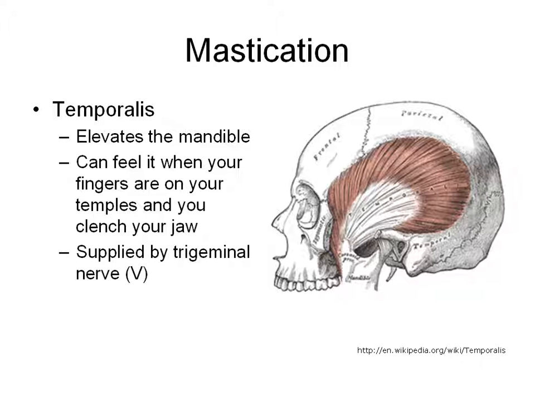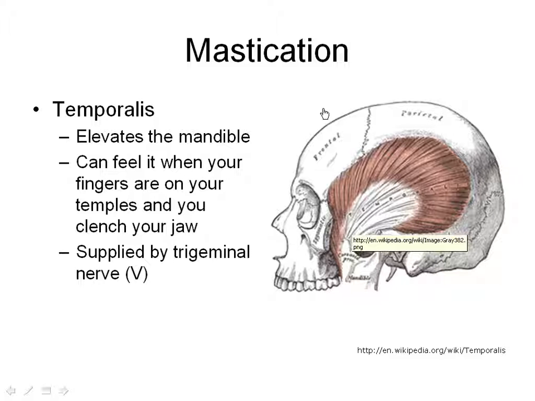Switching from muscles of facial expression to muscles of mastication. So masticating is eating. Anytime you chew, these are muscles that help you. Temporalis, thusly named because it covers the temporal bone. It elevates the mandible, so anytime you close your mouth, you will be using temporalis. When you close your mouth and clench your jaw, and if you put your fingers up on your temples, you can feel temporalis contracting.